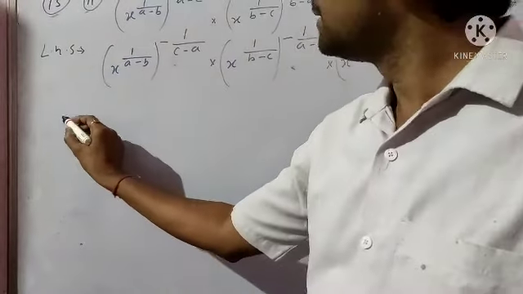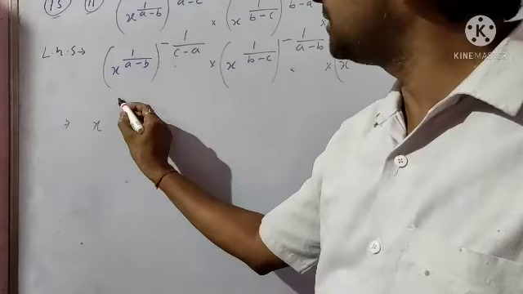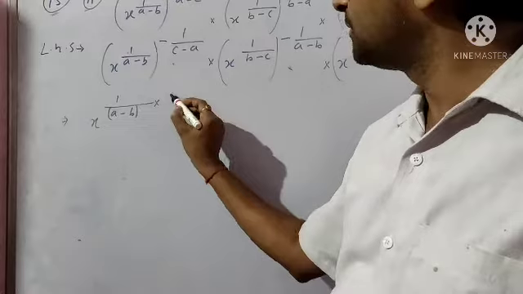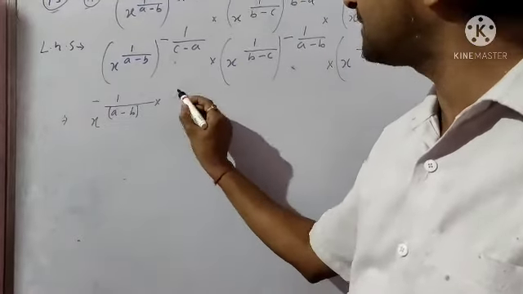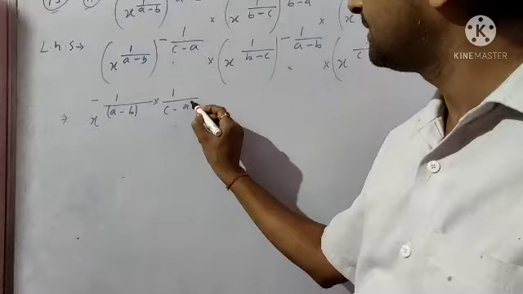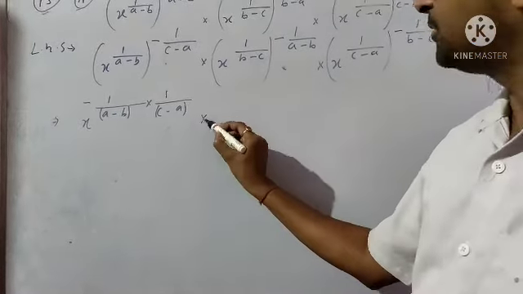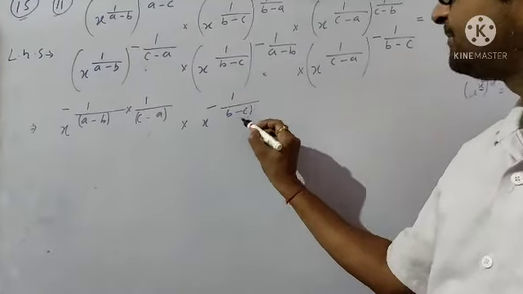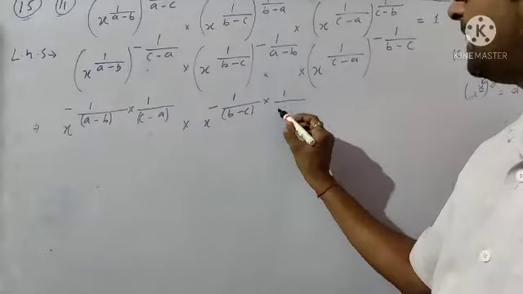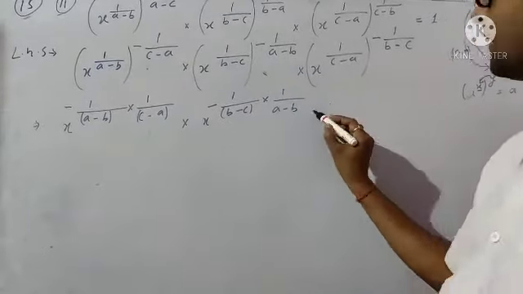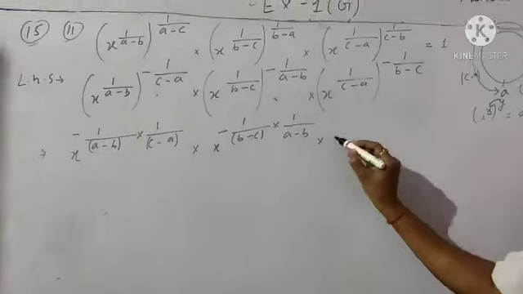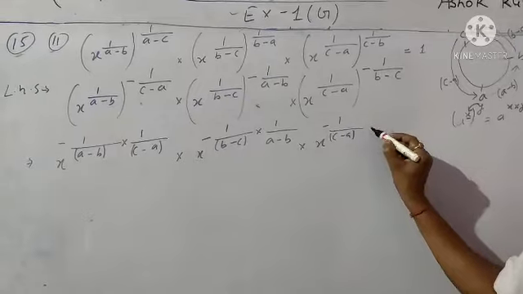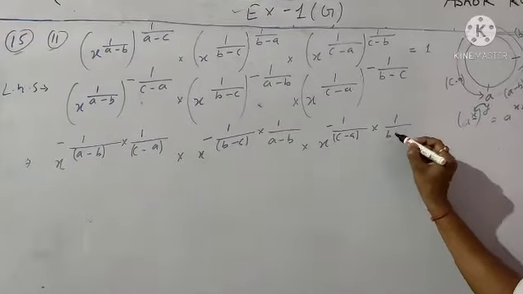So student, we can write here x to the power 1 by A minus B into minus 1 by C minus A. Into x to the power, again take minus 1 by B minus C into 1 by A minus B. This one. And the last term is x to the power 1 by C minus A, take here again minus into 1 by B minus C.